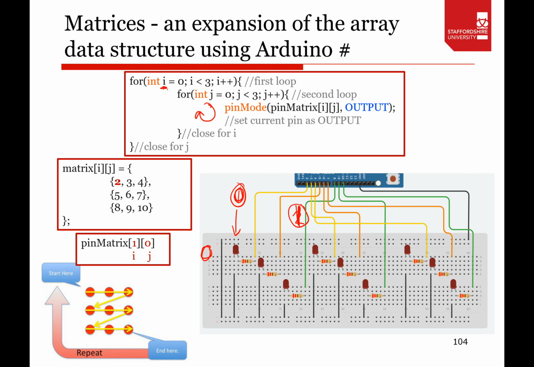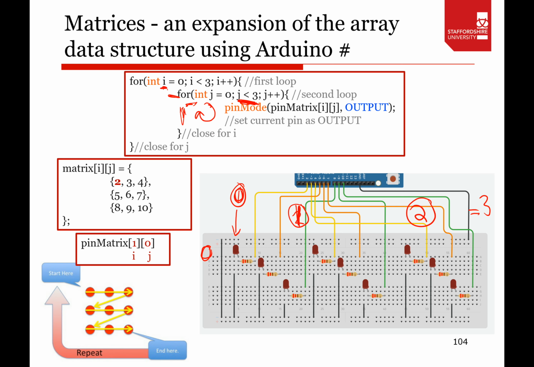Third time round the loop, J equals 2. However, when we increment J to equal 3, which happens here, this condition is no longer true because J is not less than 3 anymore. It is equal to 3. So we jump out of this loop. We've repeated this loop 3 times already, and now it's no longer true.